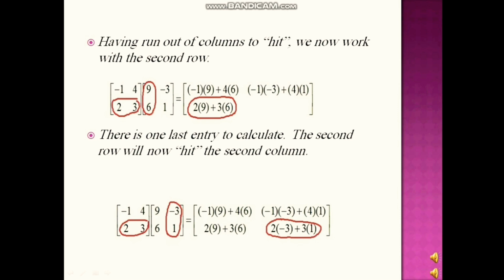There is one last entry to calculate. The second row will now hit the second column. What's the second row? It's the same row we used before, 2, 3. So the row 2, 3 will hit the column negative 3, 1. The operation will be 2 times negative 3 plus 3 times 1.